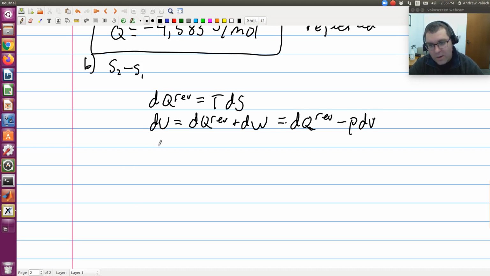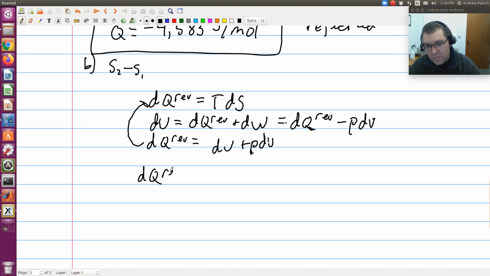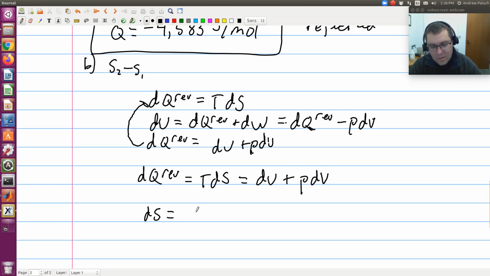Solving for dq reversible, I get dq reversible is equal to du plus P dV. So going back up here, dq reversible is equal to T dS, and we find now that that's equal to du plus P dV. So ds is equal to 1 over T du plus P over T dV.